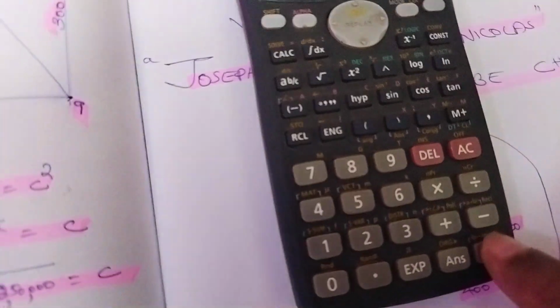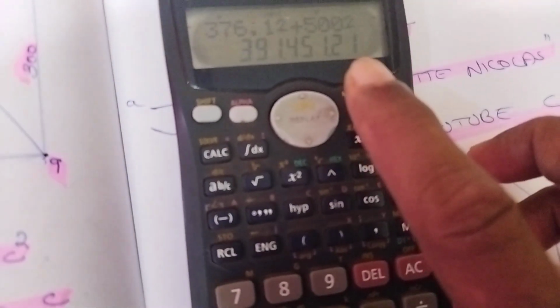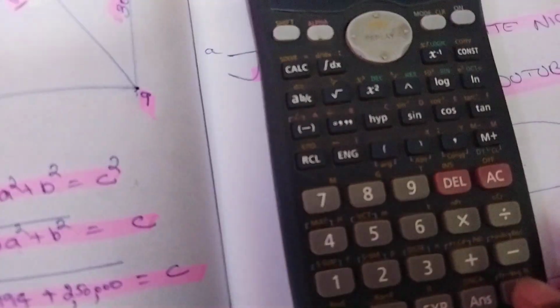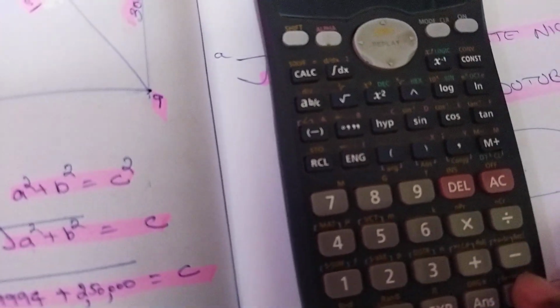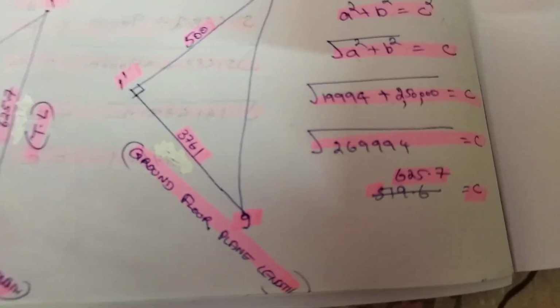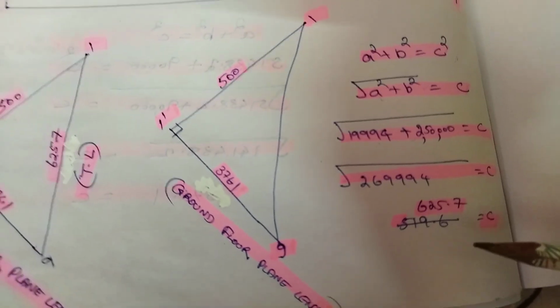Equal to, we get this measurement. Its square root has to be taken. We got the measurement 625.7.